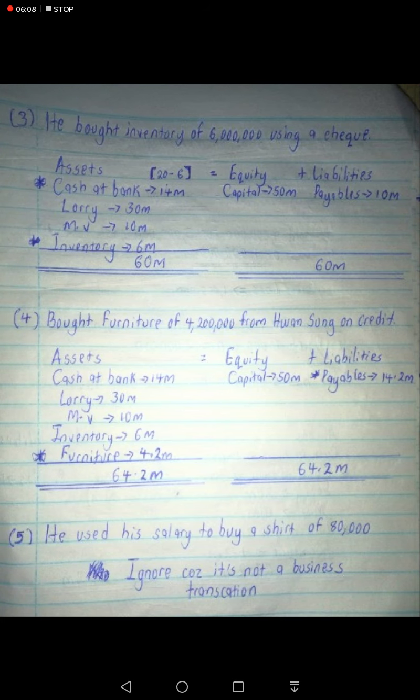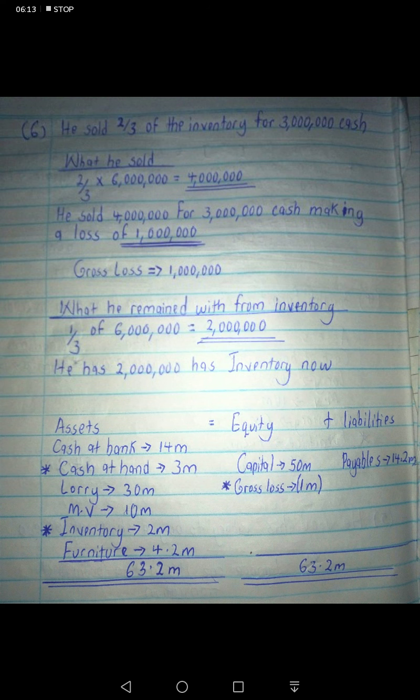Remember, previously inventory was 6M. So it's 2 out of 3 times the 6M, which gives me 4 million. So he sold 4 million of inventory for 3 million of cash. That means he made a loss of 1M. So this is going to be my gross loss for now.